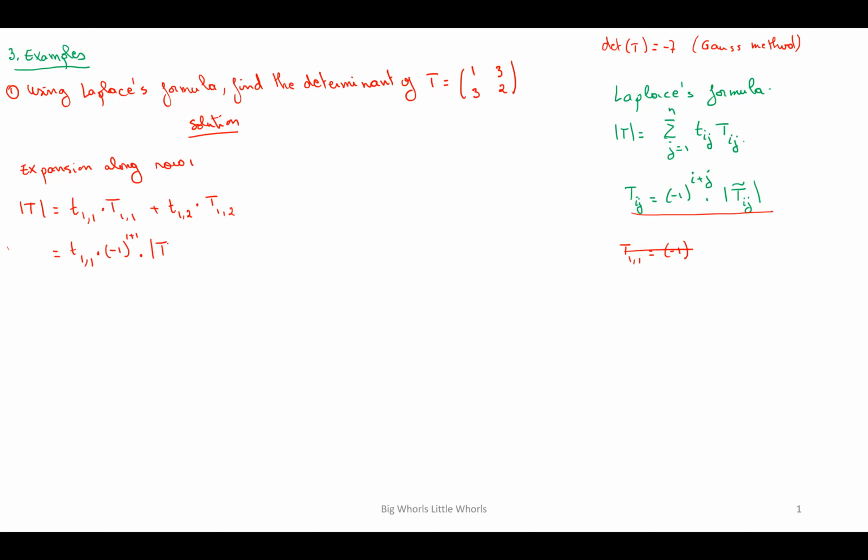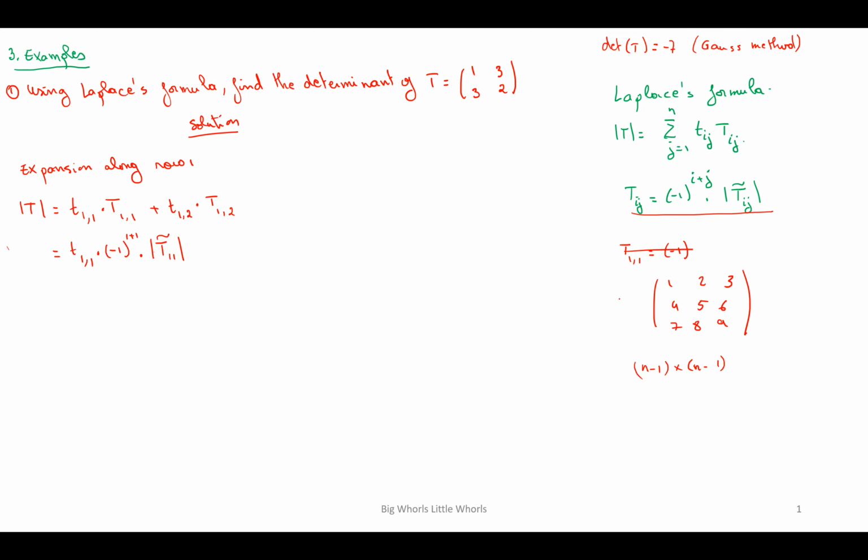So how do we get to the ij minor? Let me give you an example. Let's say we have the matrix 1, 2, 3, 4, 5, 6, 7, 8, 9. The ij minor is the n minus 1 by n minus 1 matrix we get by deleting row i and column j.